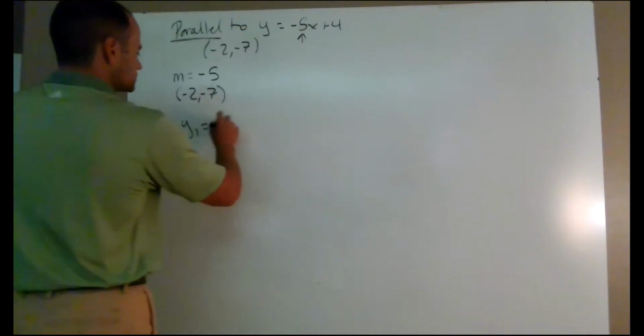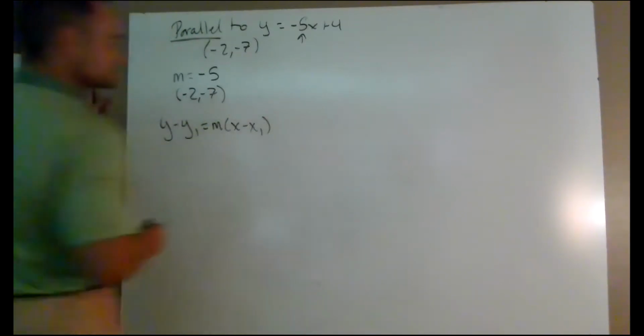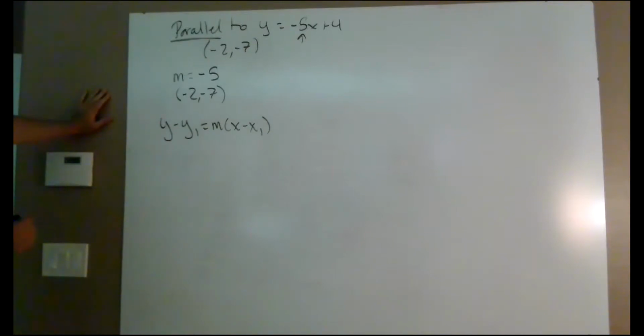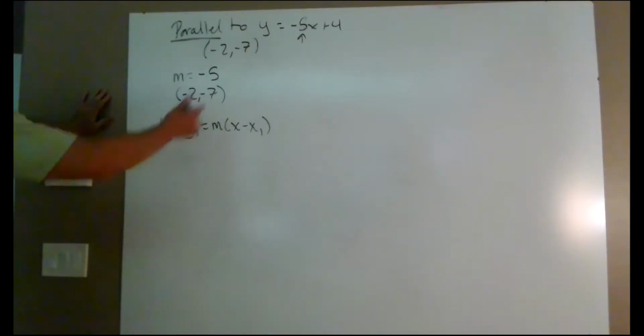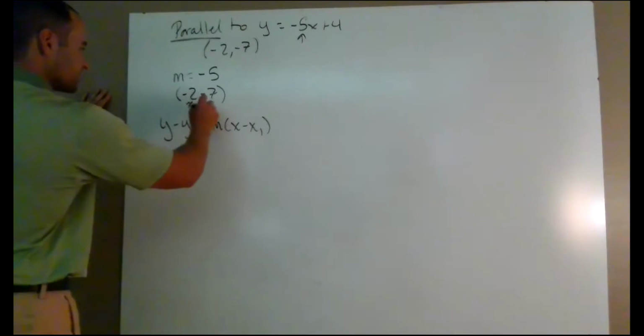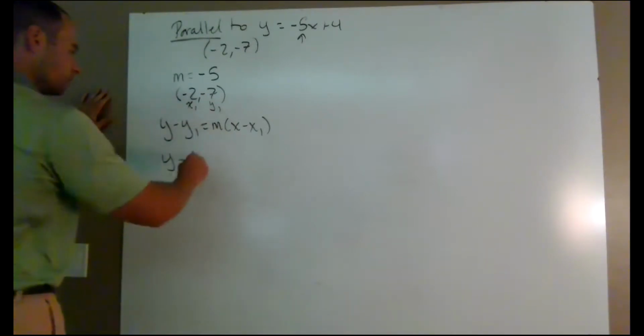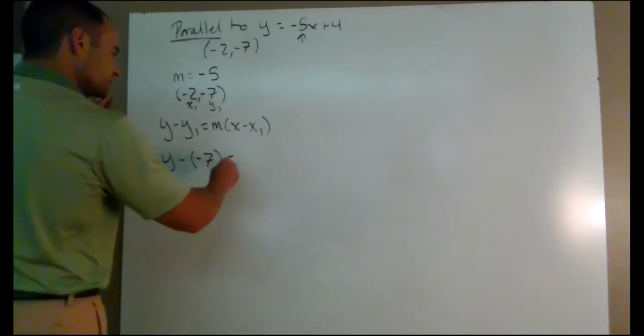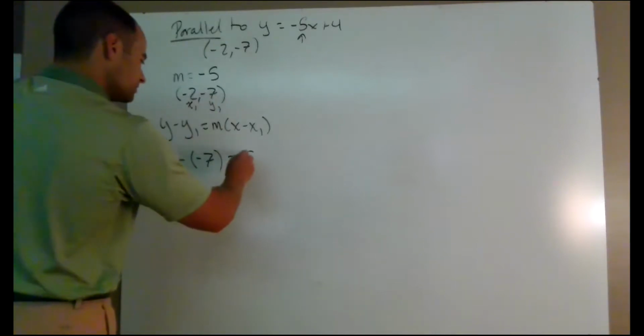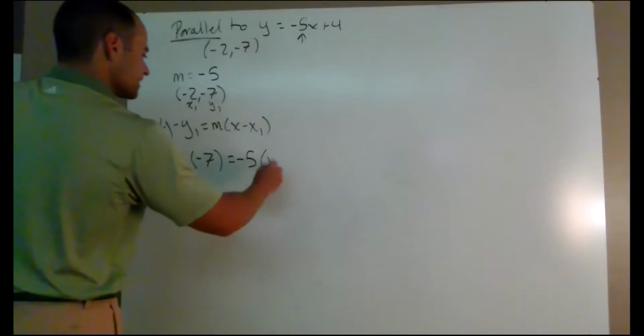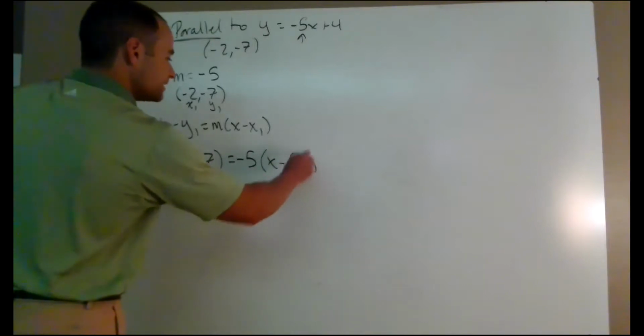which means I can use point slope form. So I plug in the information that I have. That's x1, that's y1. y minus y1, y minus a negative 7 is equal to m, negative 5, times x minus a negative 2.